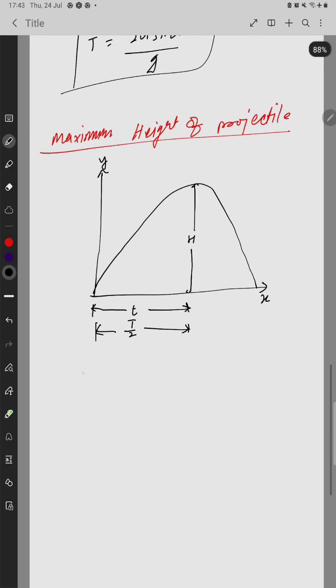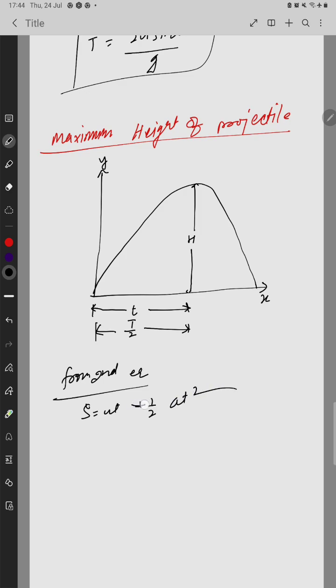Now from the second equation of motion, s is equal to ut plus half at square. The direction it is going is the y axis, so y is equal to uy t plus half, minus g t square.